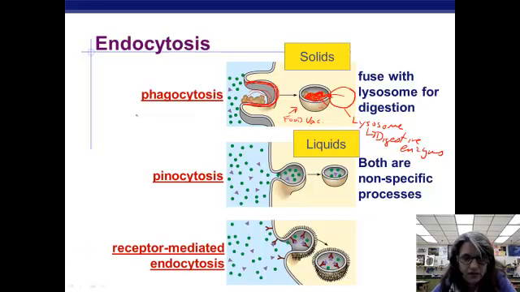This is quite specific and generally takes in only certain molecules, and it is called receptor-mediated endocytosis. These little structures here are called receptors. Usually these are proteins, perhaps paired up with some carbohydrate structures that act to receive certain molecules. You can see these receptors have a very specific shape.